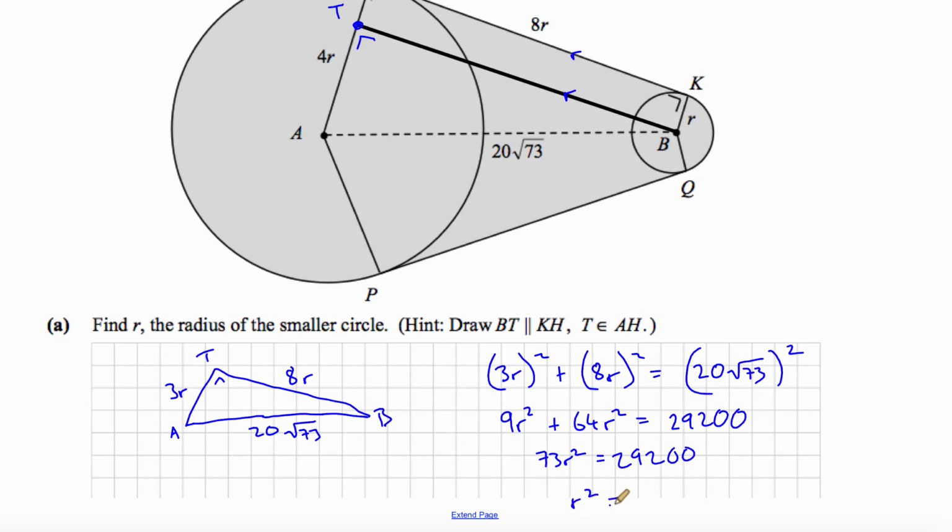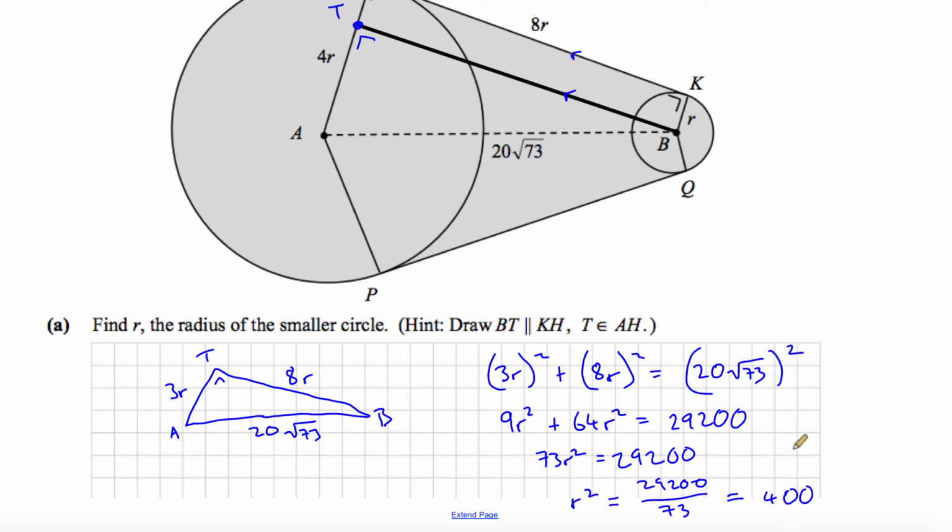So r squared will be 29,200 divided by 73, and that gives me an answer of 400.